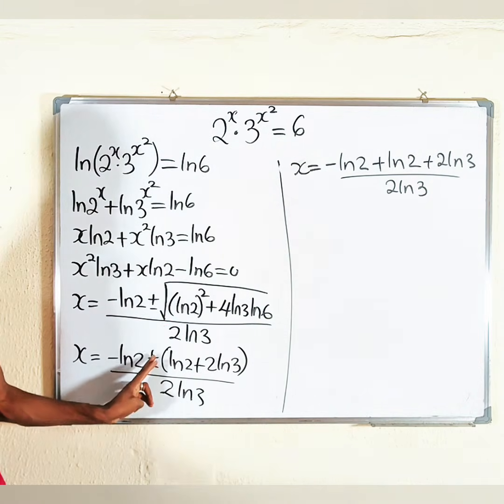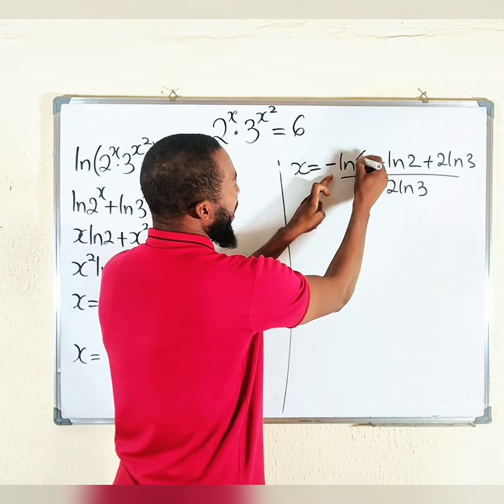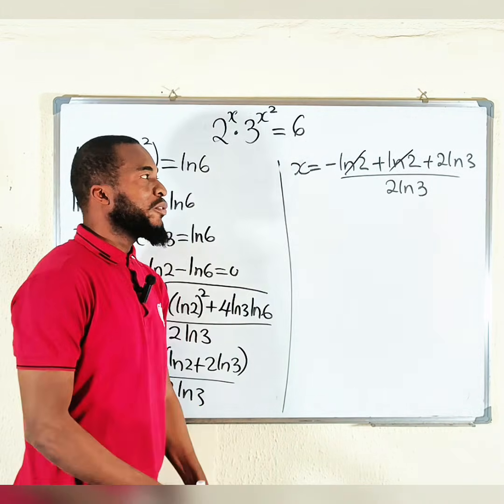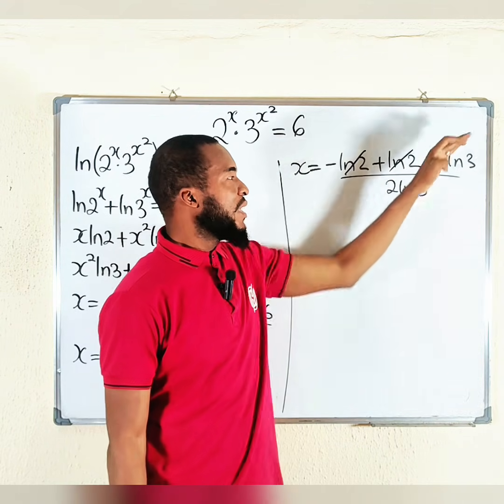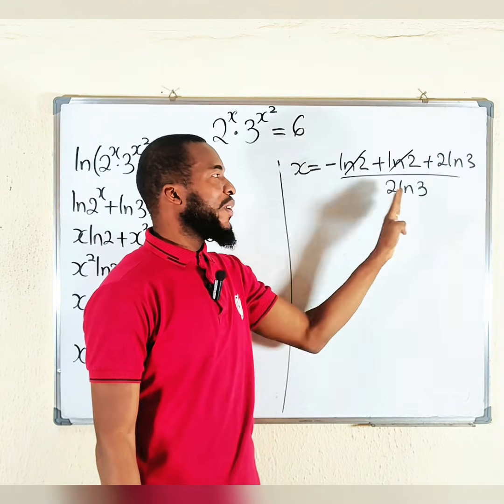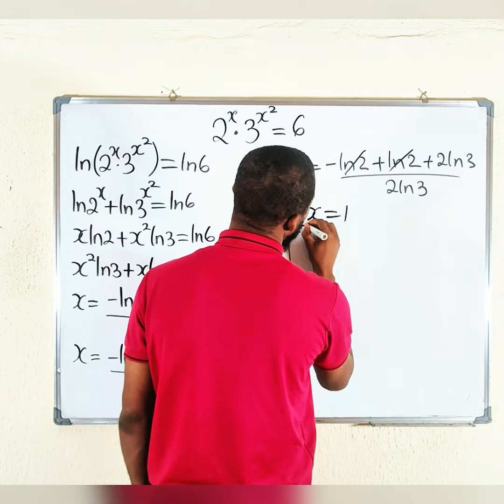That is for the plus version. This and this will cancel because one is negative, the other one is positive. So you only have 0 plus 2 times natural log of 3. And 2 times natural log of 3 divided by 2 times natural log of 3 is 1. So your first solution is 1.